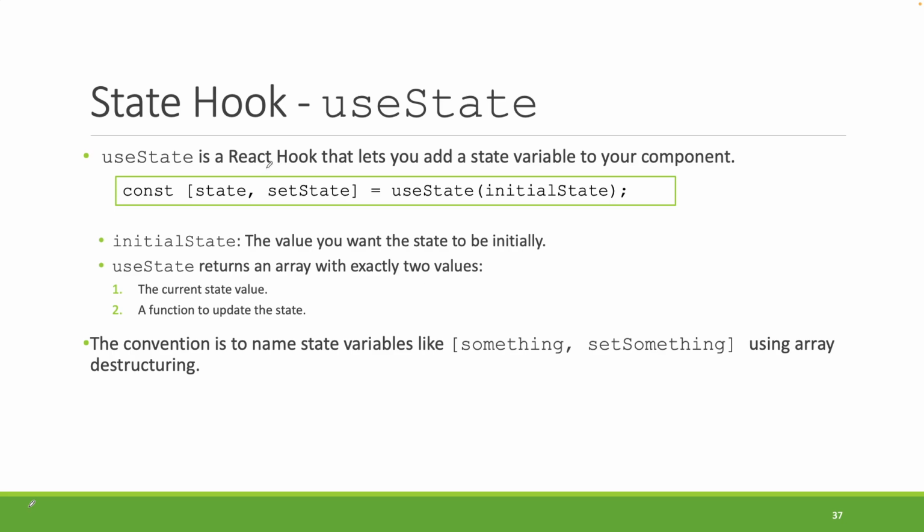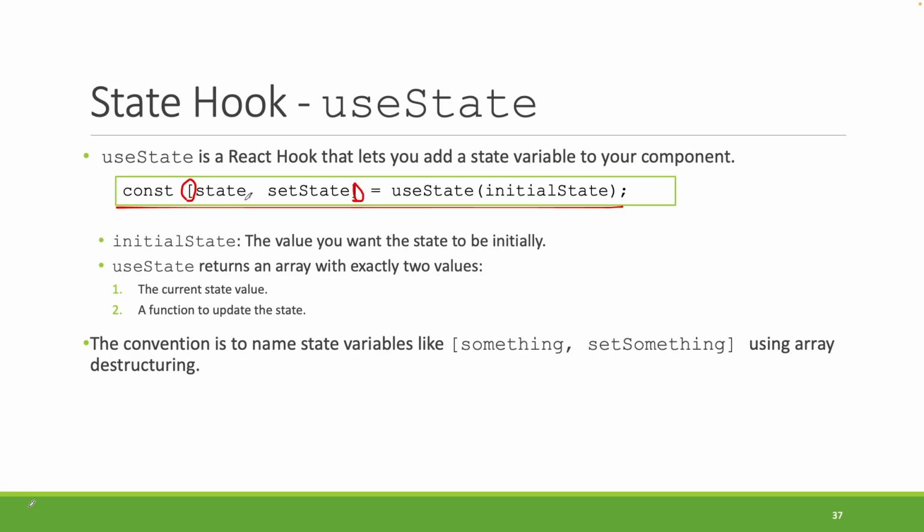So the useState hook lets you add a state variable to our component, and the syntax is like this. We will have useState, which is imported. You can give an initial state, and then it will give you two things. Here we use array destructuring assignment.